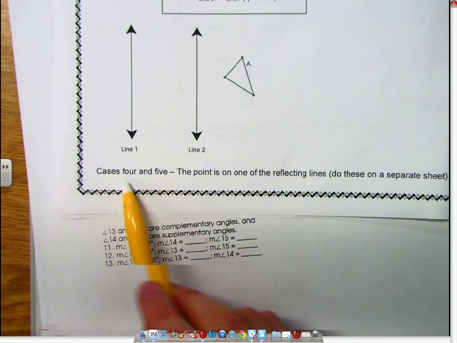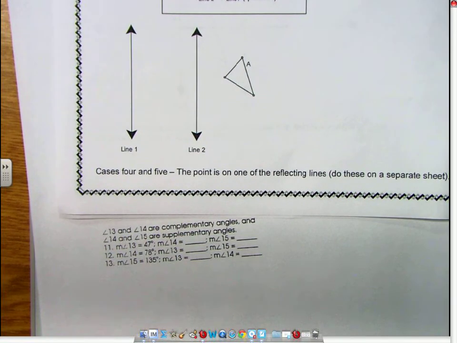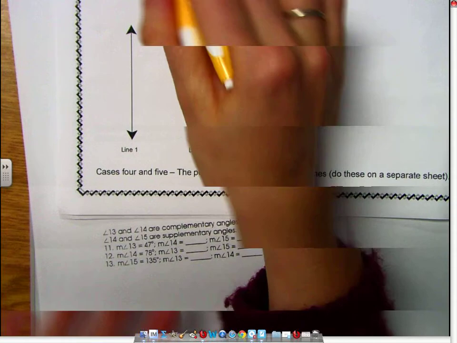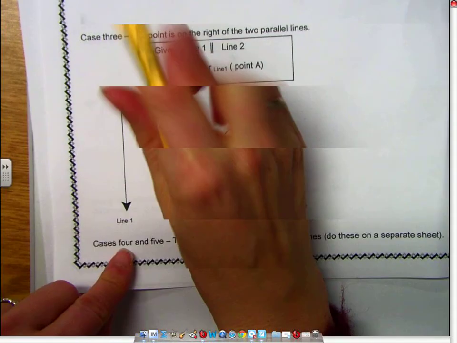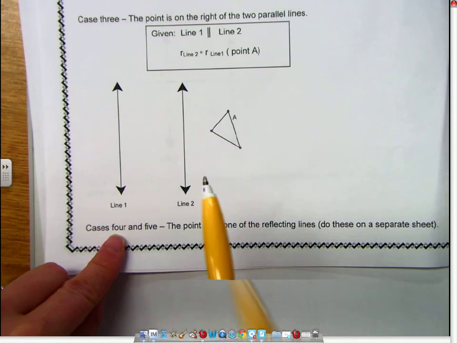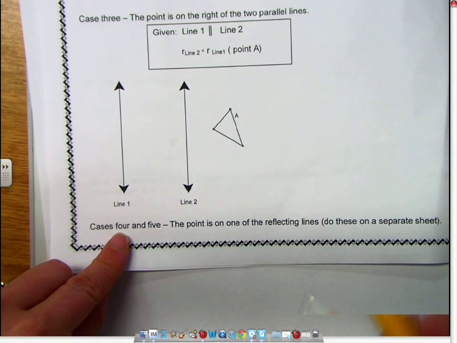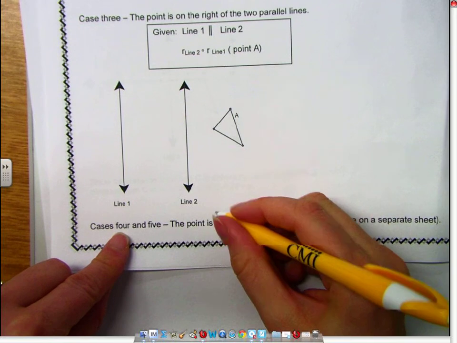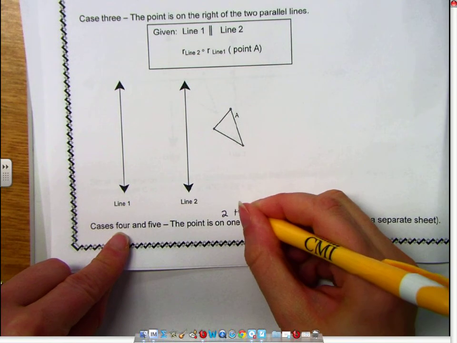Okay? Case 4 and 5. If we've done the triangle where it's in the middle, we've done it where it's on the right, and we've done it where it's on the left. Okay? So the next ones you were going to reflect line 2, then line 1.